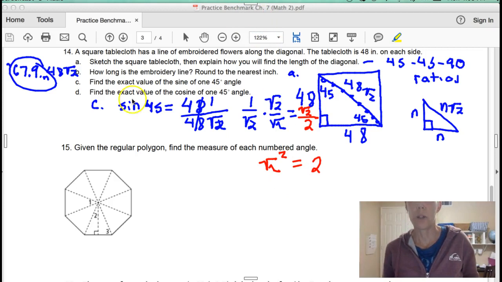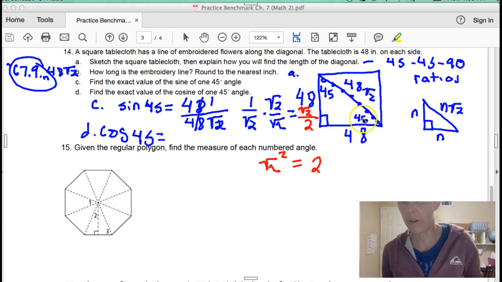Now let's go ahead and do the cosine, part D. The cosine of 45 degrees will be adjacent over hypotenuse. The same here. Cosine of this will be adjacent over hypotenuse. Also, 48 would be the adjacent over the hypotenuse, which is 48 radical 2.